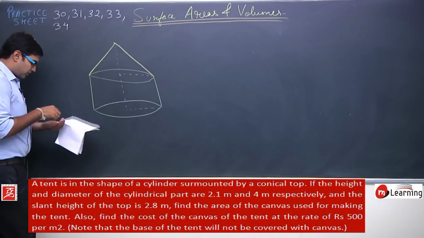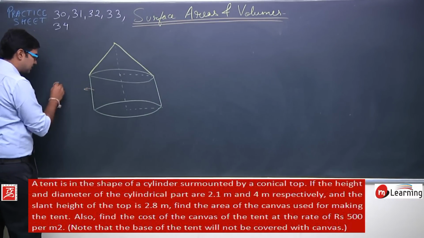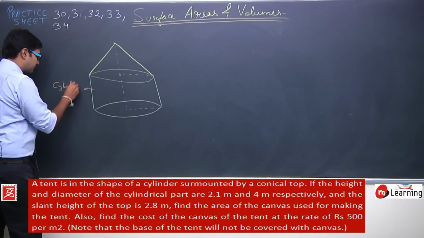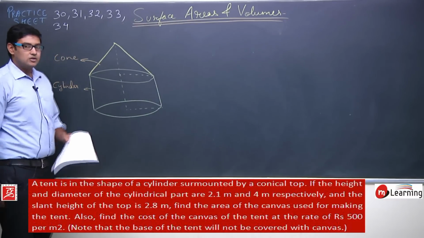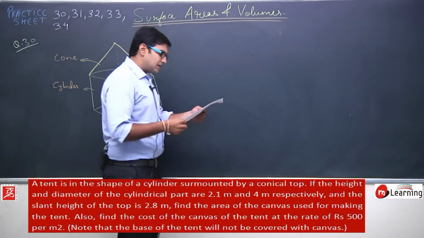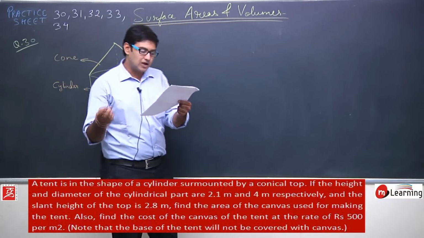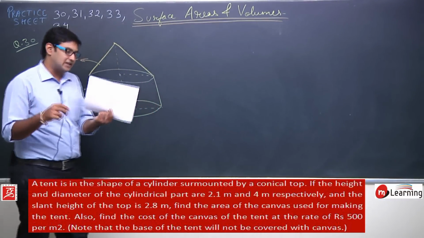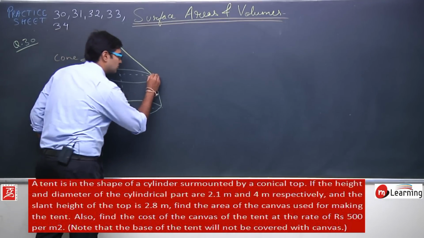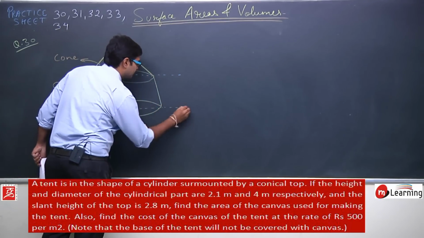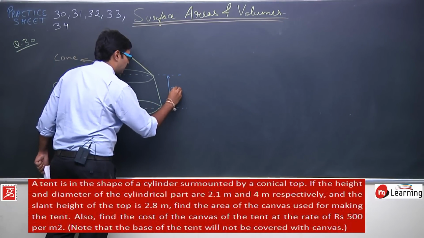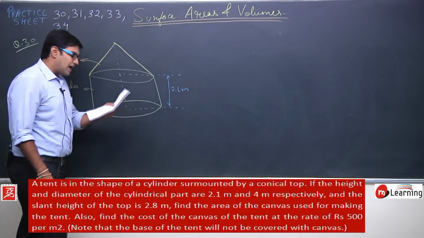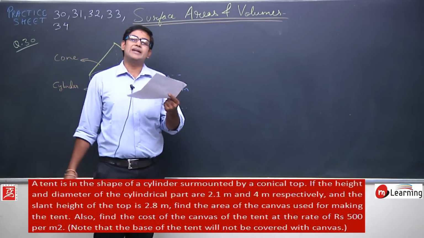So, what we can see is this part is a cylinder and this part is a cone. Further, it says the diameter and the height. So, the height of the cylinder is given as 2.1. This is the height of the cylindrical tent, which is 2.1 meters, and the diameter is 4 meters.